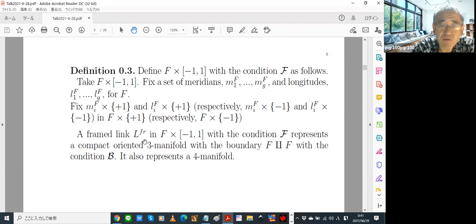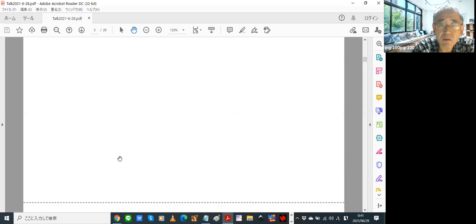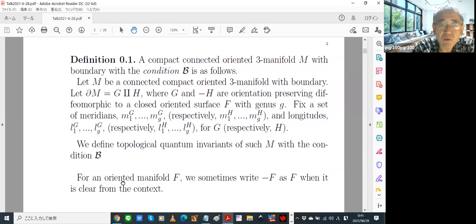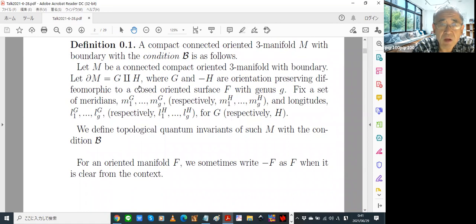A framed link L in F cross interval with condition F represents a compact oriented three-manifold with boundary F and F with the condition B. It also represents a four-manifold. We fix boundary. We fix the diffeomorphism map of the boundary of the three manifold.